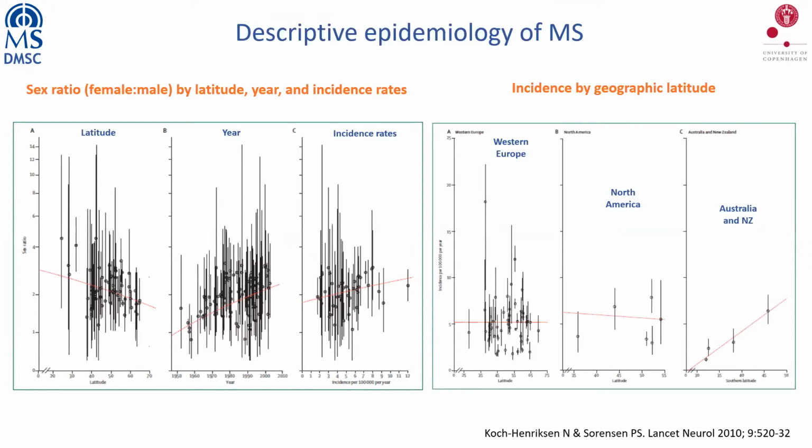It increases by increasing years and with increasing incidence rates. Interestingly, when we looked at the incidence by the geographic latitude, we could see that the north-south gradient in Western Europe had disappeared, whereas it was maintained in Australia and New Zealand.